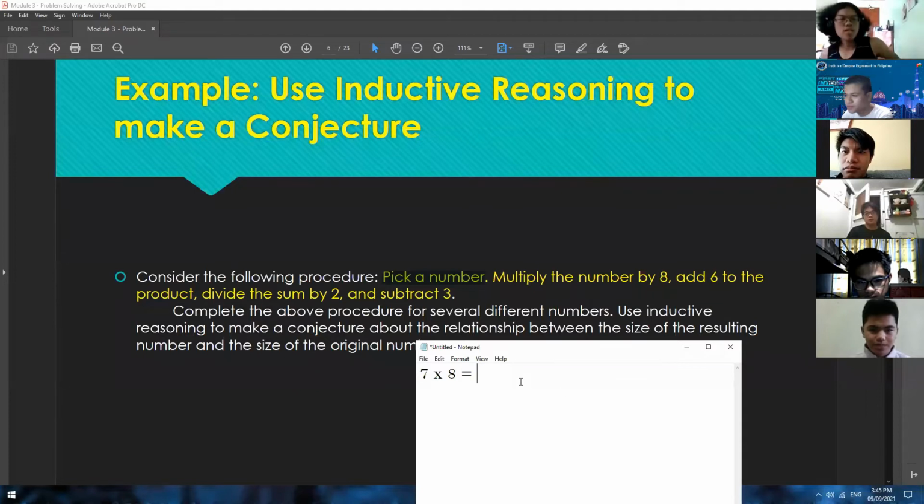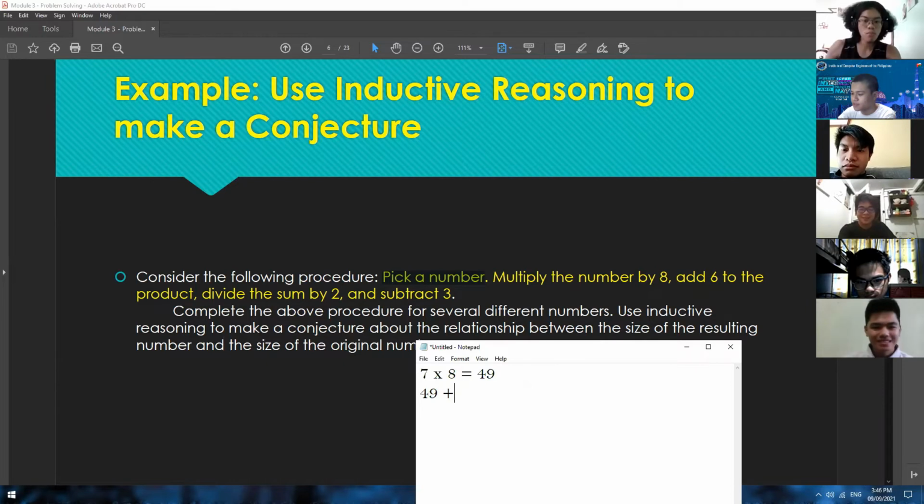Is it 42? 14, 21, 28, 35, 42. No, 49. Okay, and then add 6 to the product. 49 plus 6 is equal to 55.